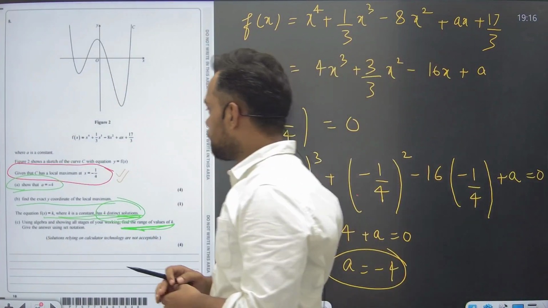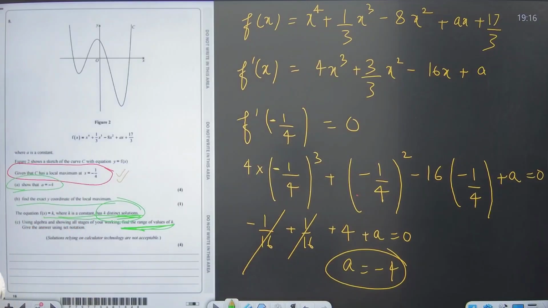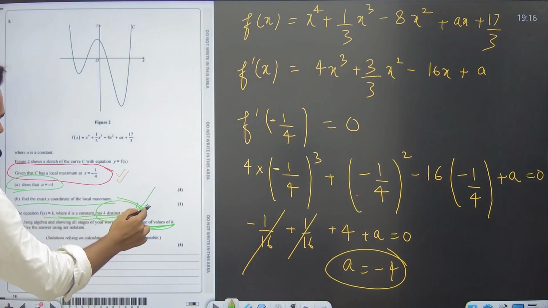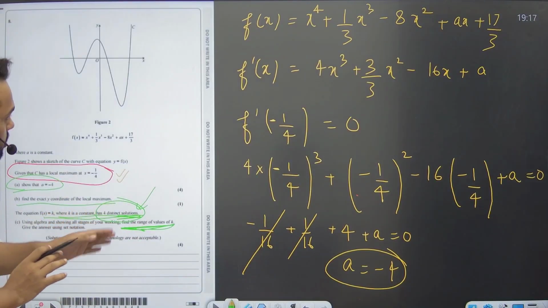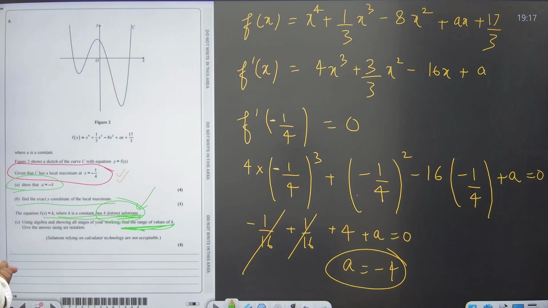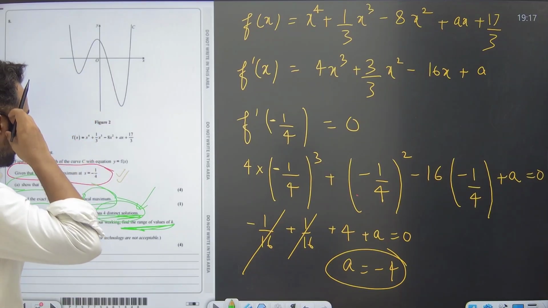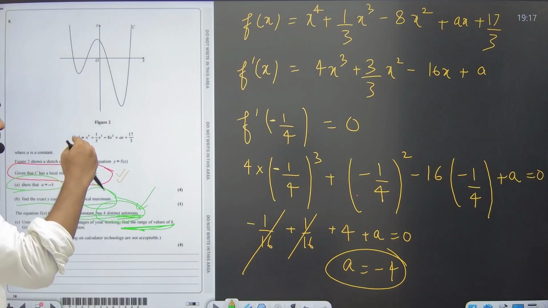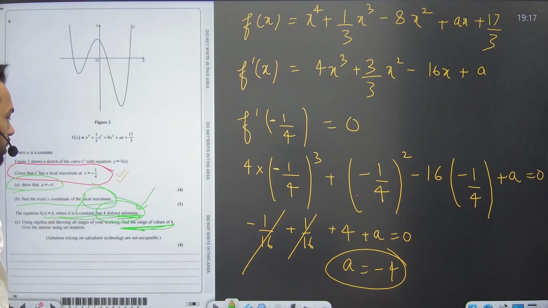So this is the point of local maximum which is mentioned in the question. So it should be between the local maximum and local minimum.